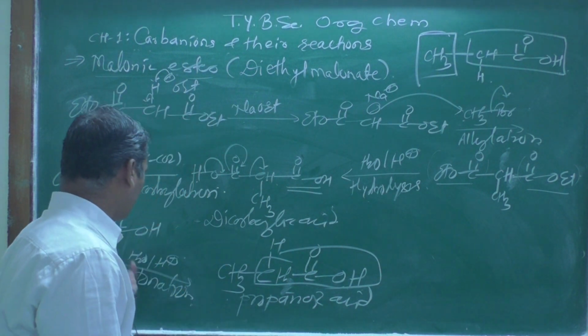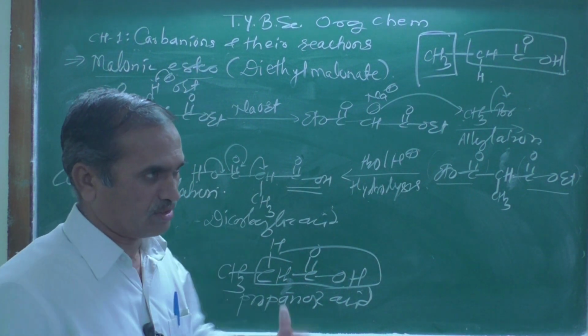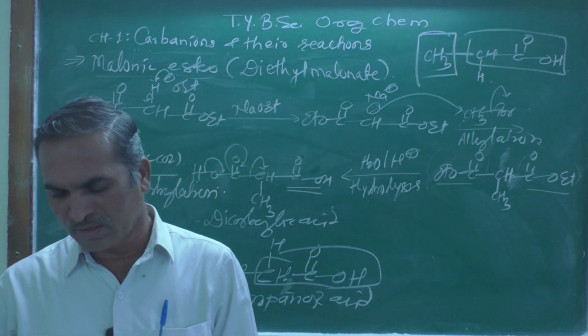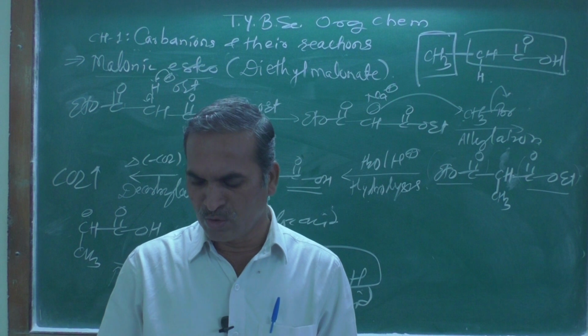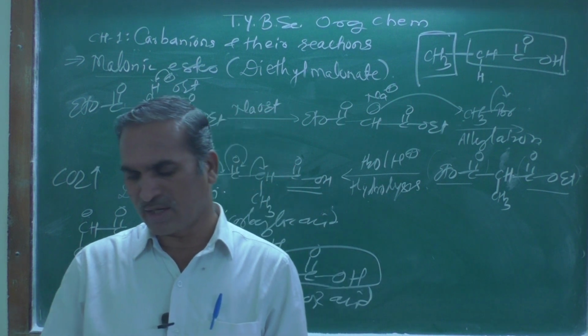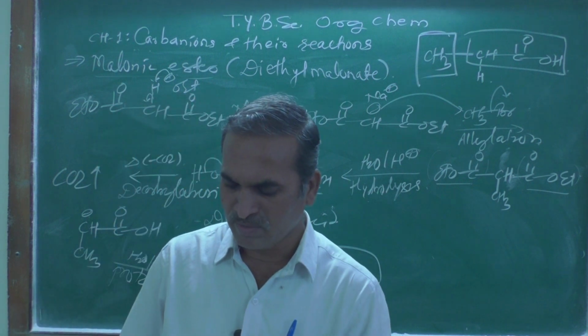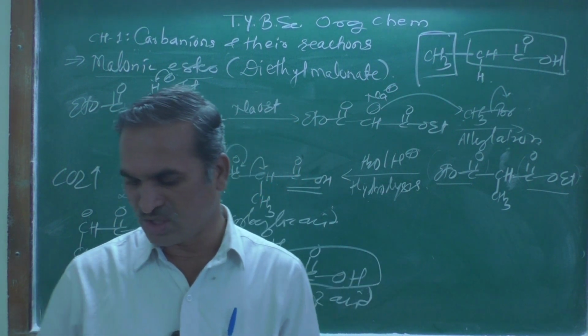This is we have done, we have carried out this reaction. That step is known as protonation, and by using 2 moles of alkyl halide we can get disubstituted acetic acid, meaning dialkylation, that we will see in the next lecture.